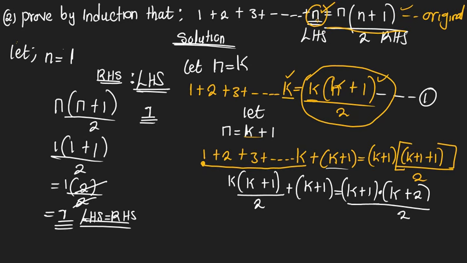You can say k over k plus 1 over 2, right? Then you say plus, then you're going to say 2 k plus 1 over 2. It's one and the same, right? Is it one and the same?